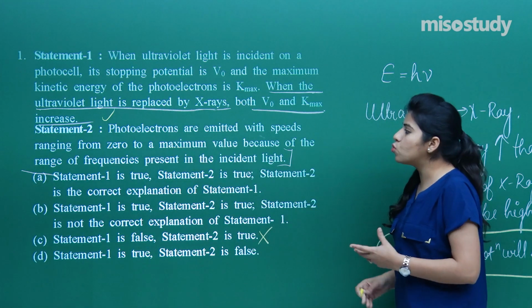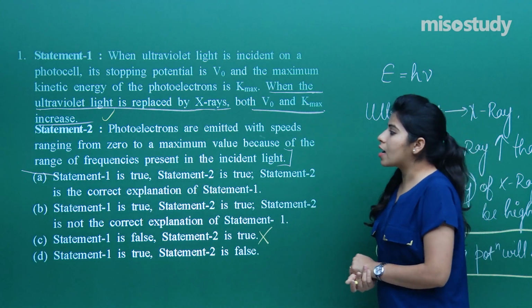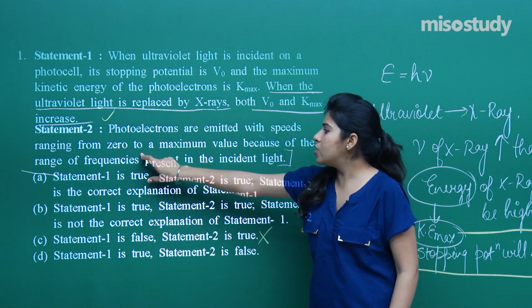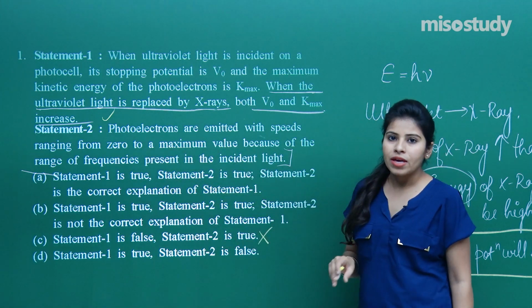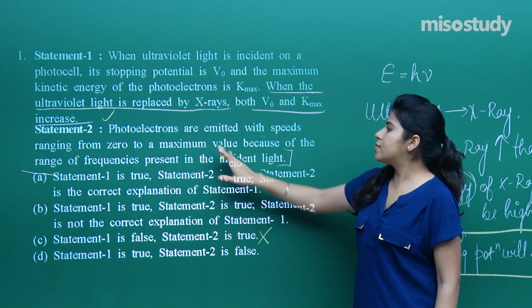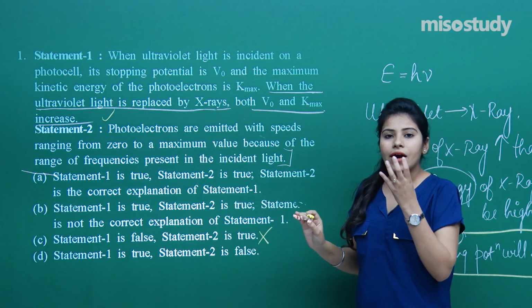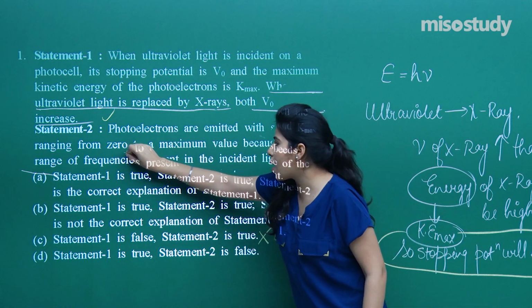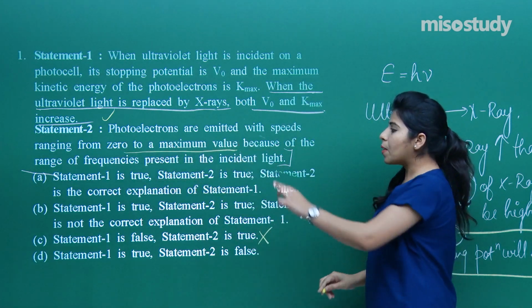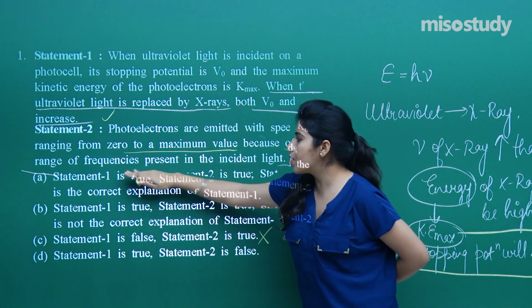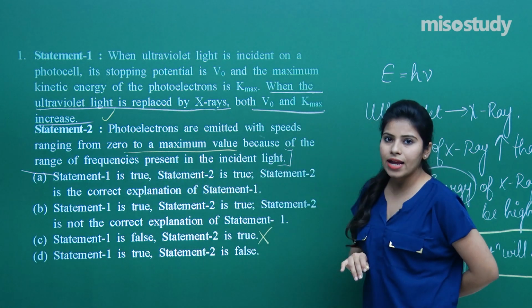According to statement 2, the photoelectrons are emitted with speed ranging from 0 to a maximum value. Yes, this is true that the photoelectrons are emitted ranging from 0 to a maximum value. But the reason that has been given is the range of frequencies present in the incident light.